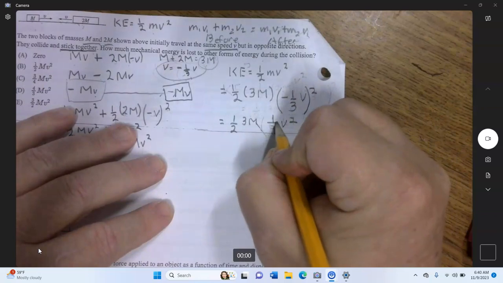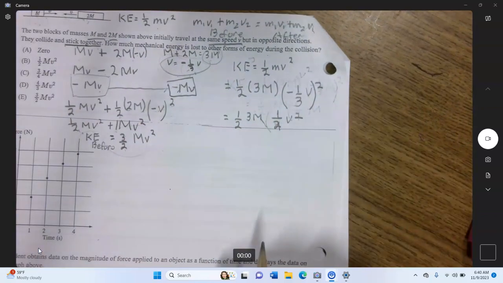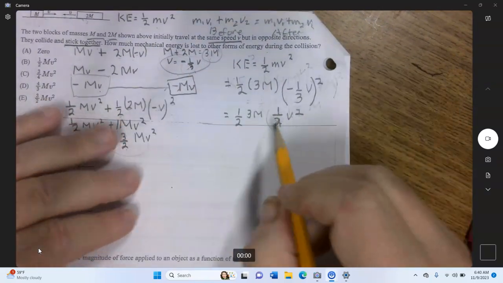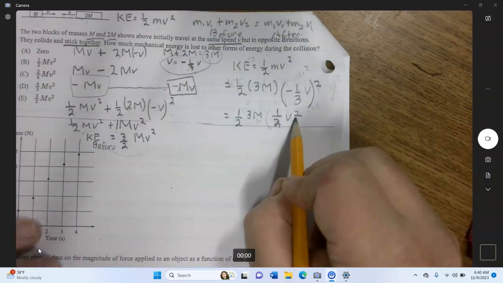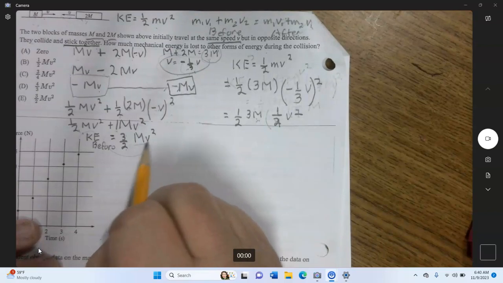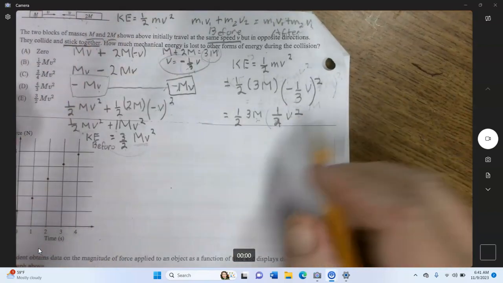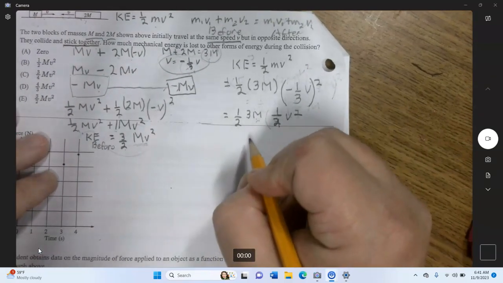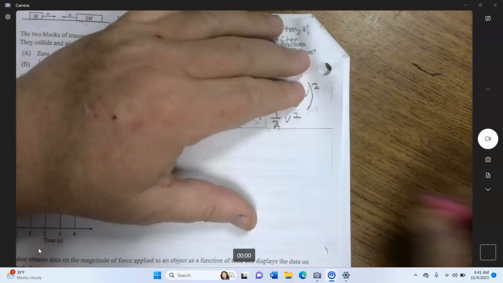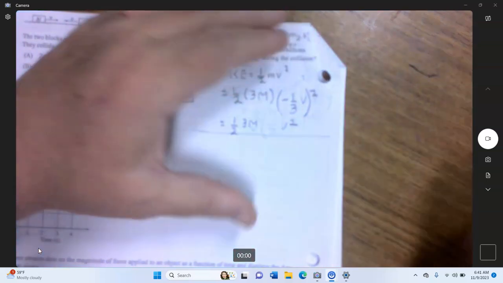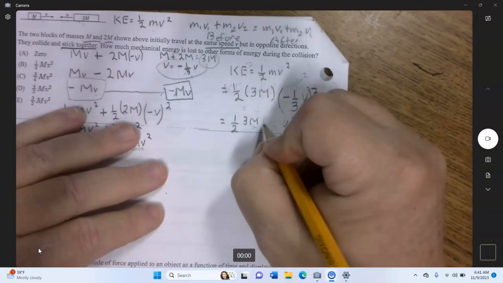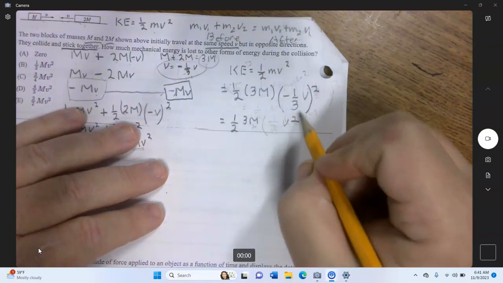So let me just rewrite that. Okay, so now the m and the v squared on both sides are going to cancel out. You've got mv squared on the right side, and over here you have mv squared on the left side. So forget about those. Let's just deal with the numbers. So let's be sure you're clear on what that number is. 1/3 squared is 1/9.